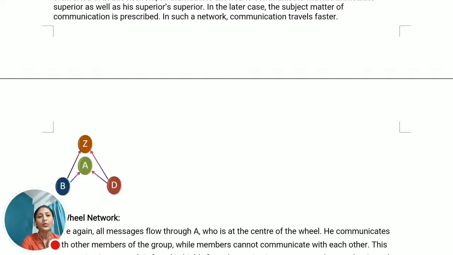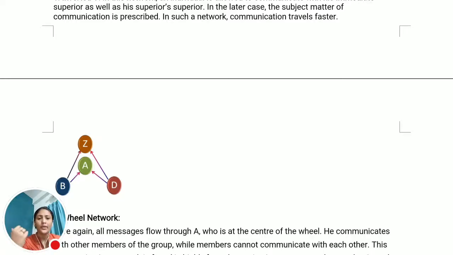Here you go. This is the diagram of the inverted V shape. Here you can see in the diagram that suppose A, B, Z and D are all members of an organization or a group. Here B and D are subordinates and A and Z are superiors.